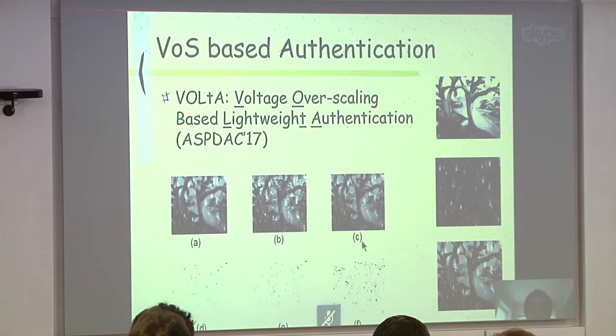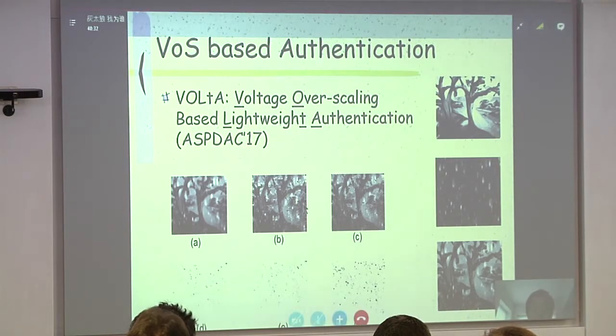To see that, I compare the pixel values between B and C, and that shows you the last figure here. You see a lot of black dots, which means that if you compare the two different copies, you see a much bigger difference. We're still doing more investigation on this, basically trying to see whether we can use this for authenticating different devices.